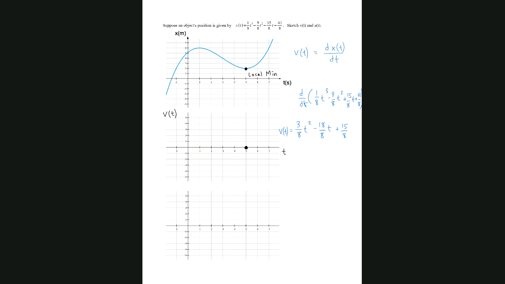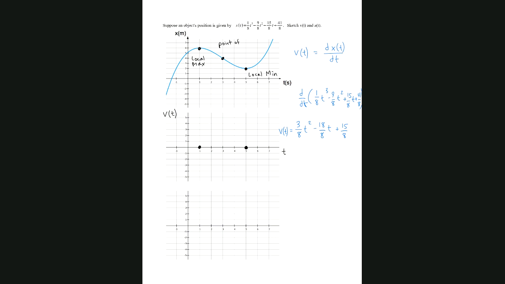Now where else would the velocity be 0? Oh, right here. There's a local max there. So we want the velocity to be 0 there too. Now what other features will be important? Well, I see that there's a point of inflection here.